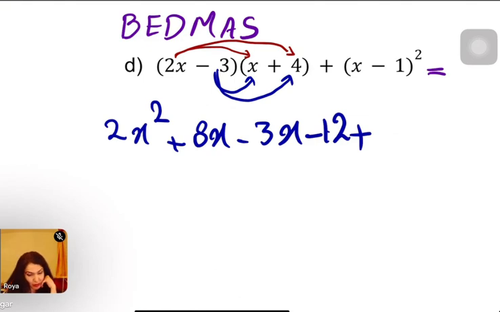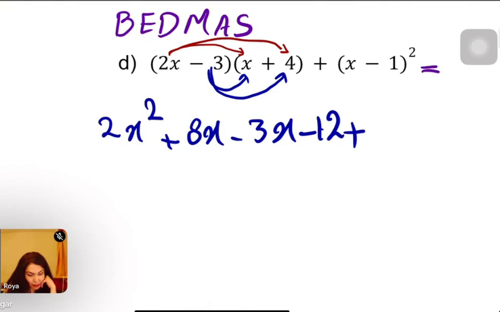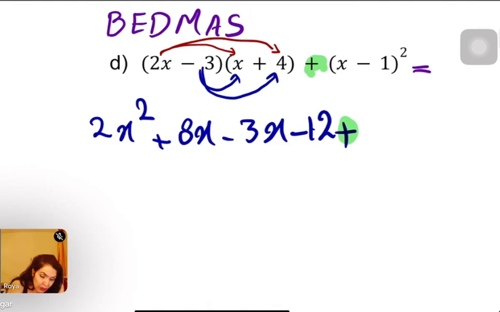This plus is the same as this one. If you want, you can put the brackets too. Right now, because all of them are plus and minus, you can get rid of the bracket, but if you mix up, put the bracket.